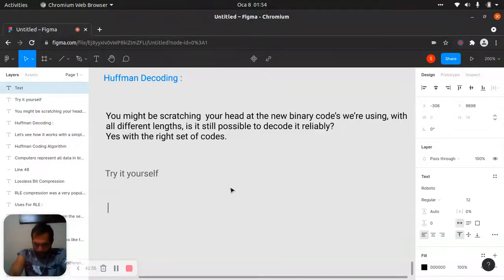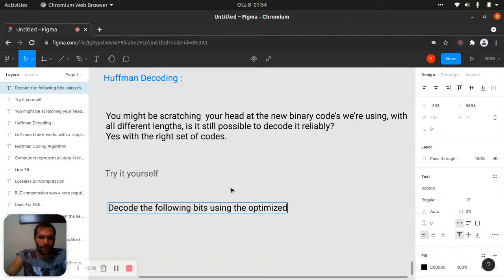Now say decode the following bits using the optimized binary codes.